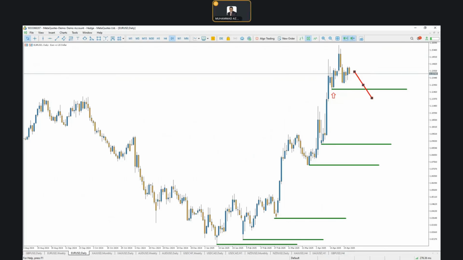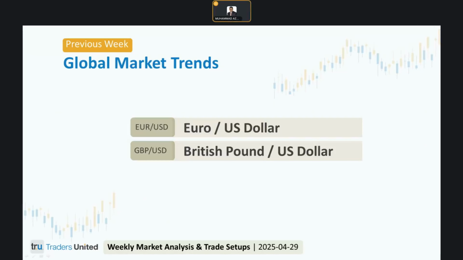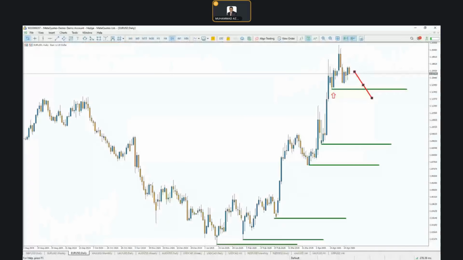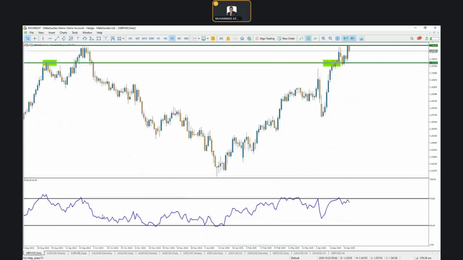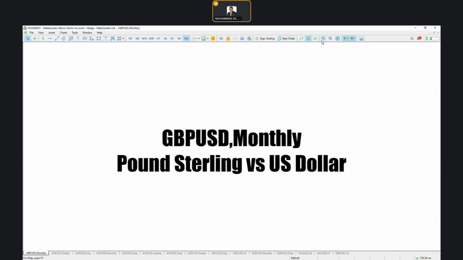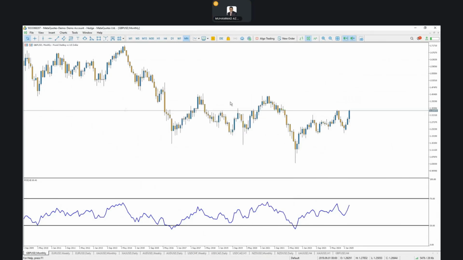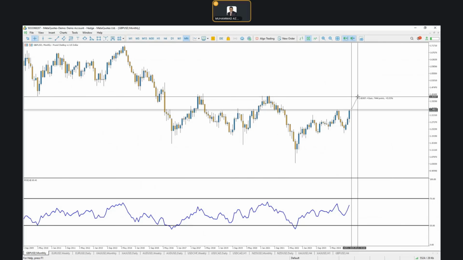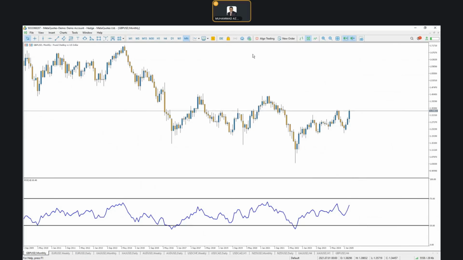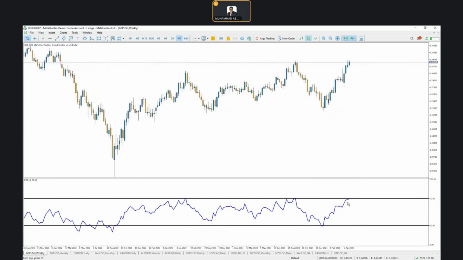Okay, next, what we have is British pound versus US dollar. Let's take a look at GBPUSD. Let's start with the higher time frame, like the monthly chart. The monthly chart isn't overbought, and we might get further upside based on this price action of the GBPUSD currency pair. As far as the weekly chart is concerned, it looks overbought. Price action is moving up and the RSI is hitting the 70 level.